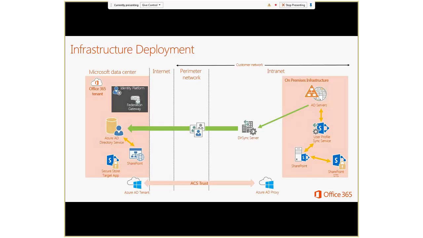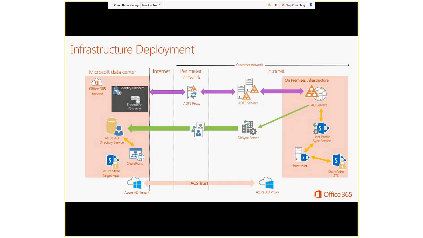Remember, I mentioned that at no stage does the user do an interactive logon to the Office 365 environment. What plays the key role in ensuring that the request is coming in from a valid client, or rather the server-to-server authentication part, is ACS, which plays the role of this trust broker.